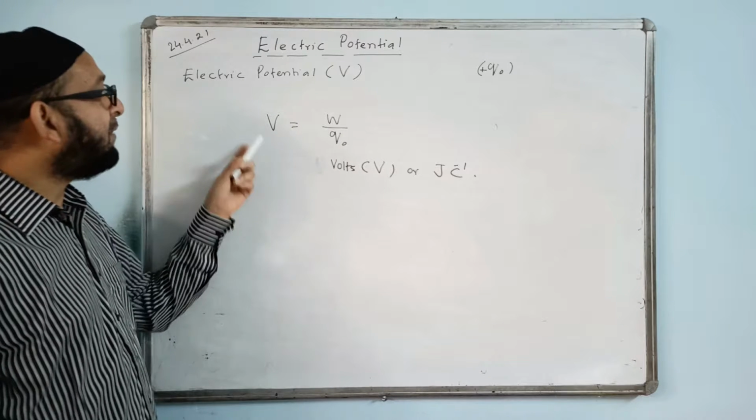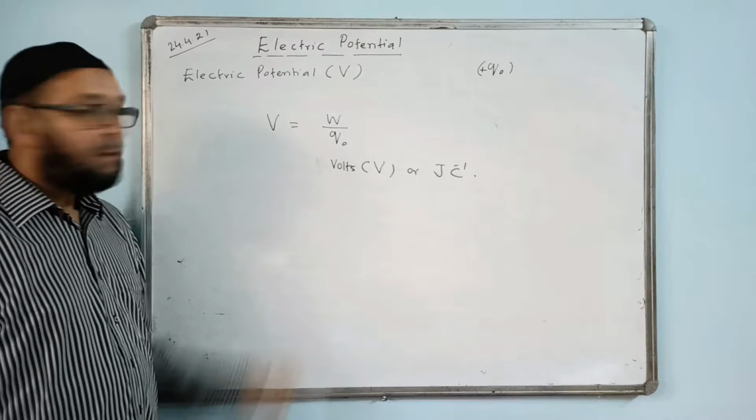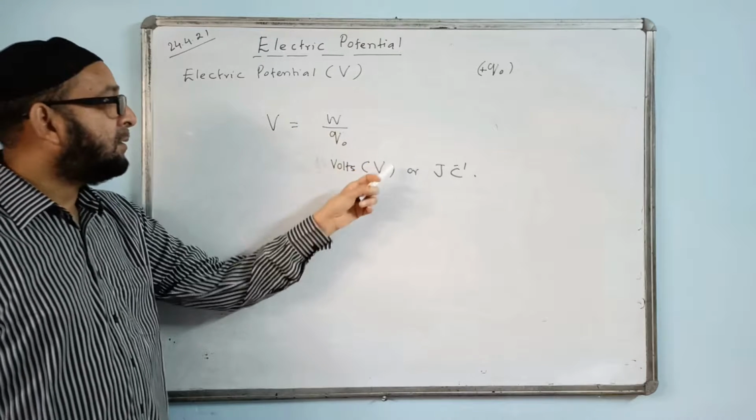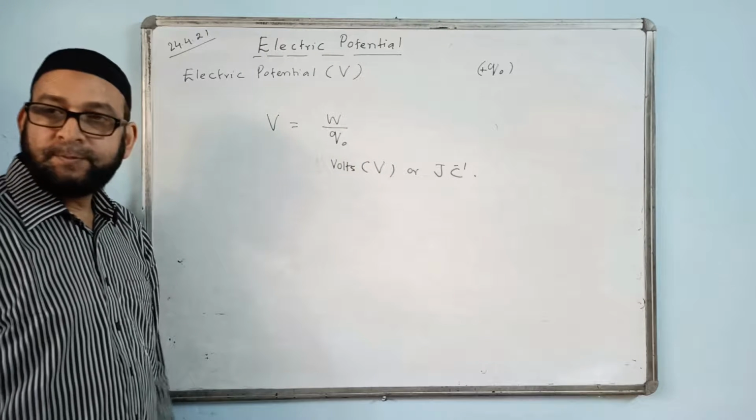Okay, you can have a look at this formula. V is equal to W by Q naught. W is work, joule, and Q naught is coulomb, so joule per coulomb.